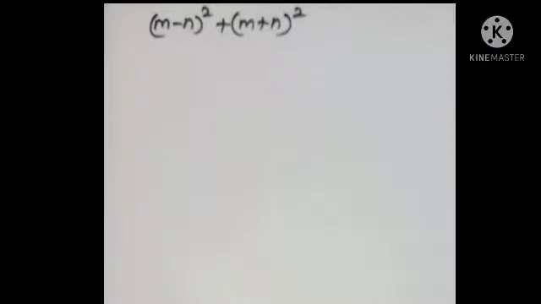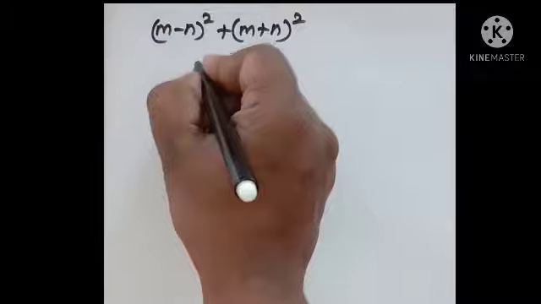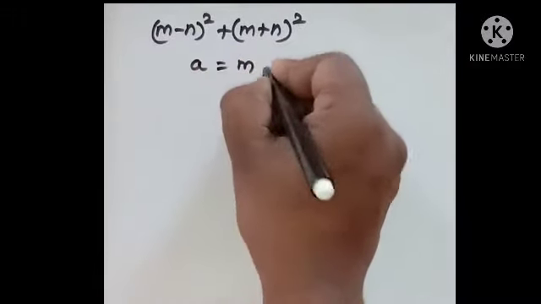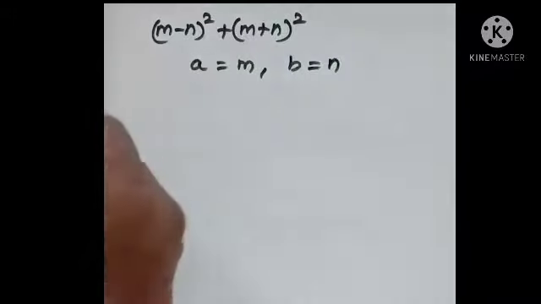Now children, listen carefully. In place of a, here it is m, and in place of b, here it is n.